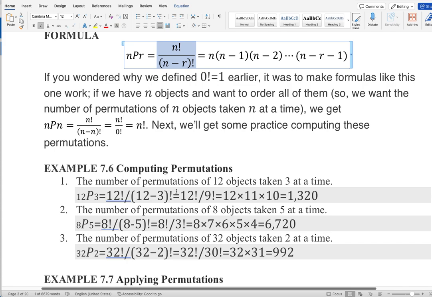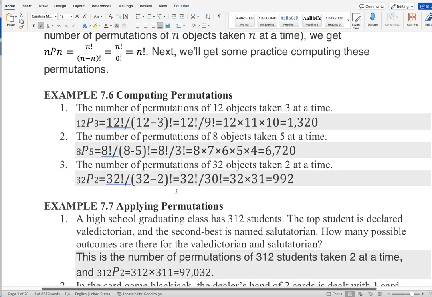Let's take a quick look at some examples on the calculation of permutations. The number of permutations of 12 objects taken 3 at a time is denoted by 12P3. In the actual calculation, it is 12 factorial over 12 minus 3 factorial.